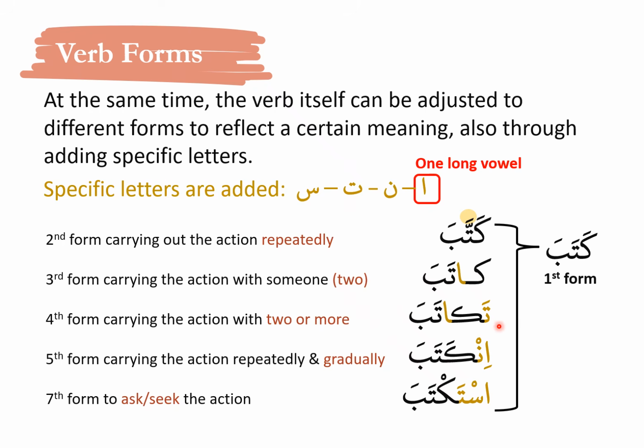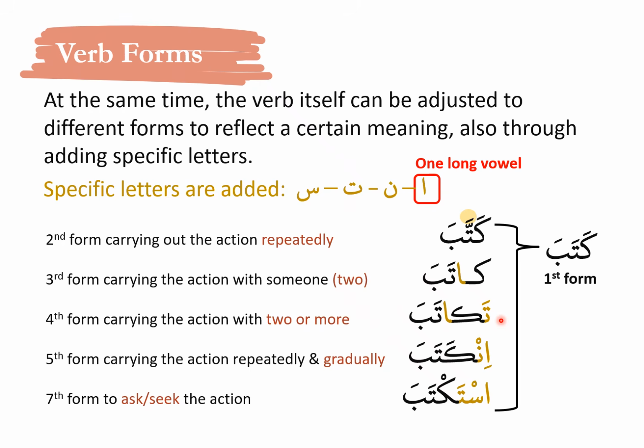The third word is also a verb, takaataba. This is here a verb meaning that the action was done between two or more people. So it becomes takaataba. This one here is kaataba, and he has an additional ta. The ta also gives the meaning of gradual occurrence of the action.